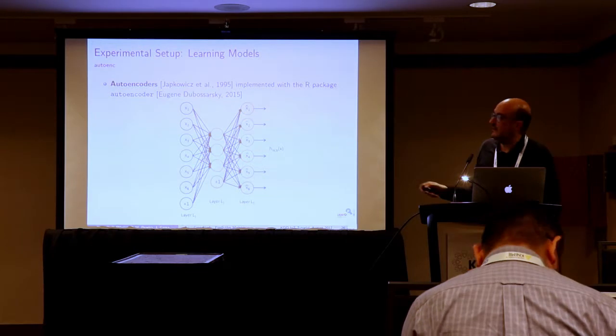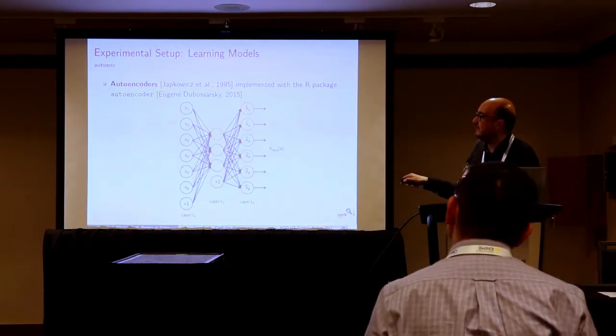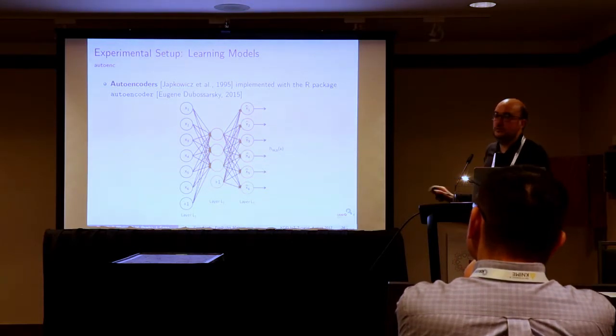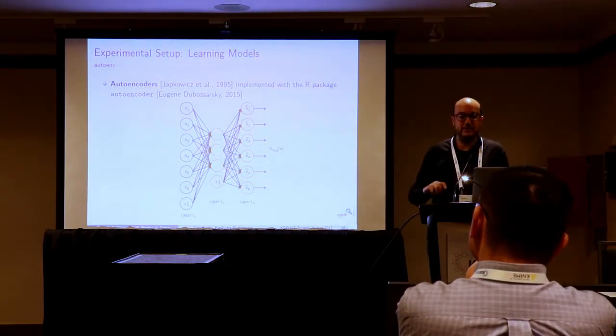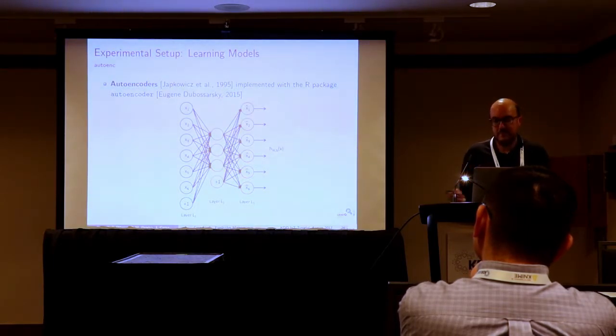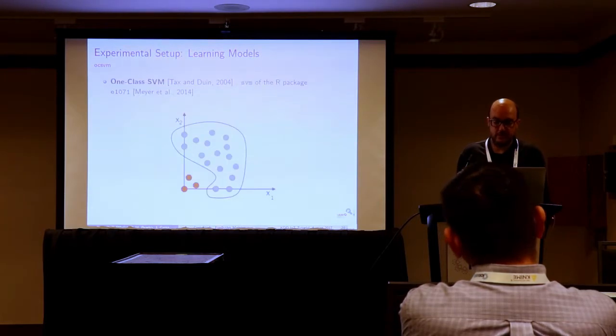But if this is an outlier and really different, we are going to notice that, because the autoencoder is going to produce an output that is different from the input. So this is the way that, using this autoencoder, we can discover if this is an outlier or not.